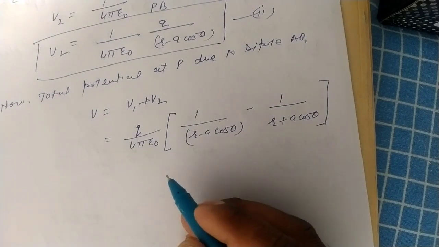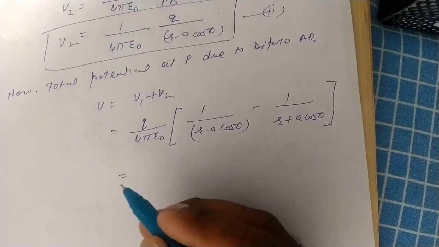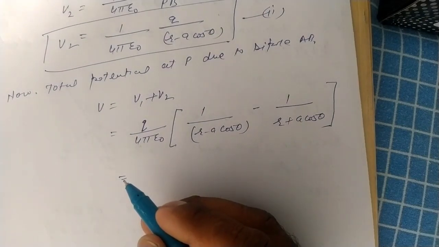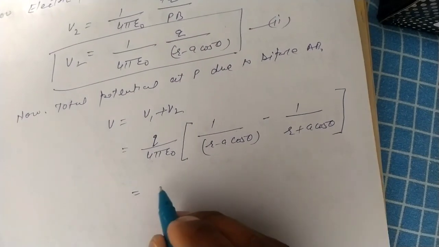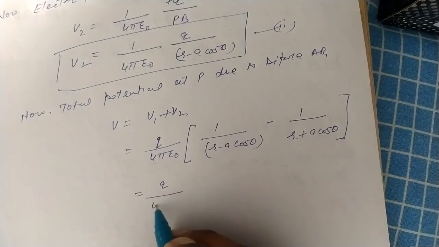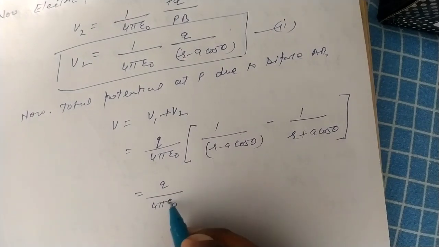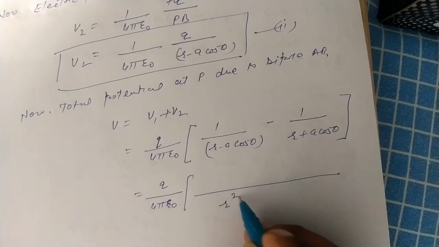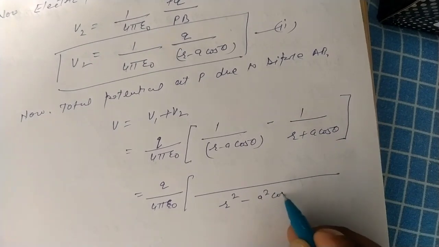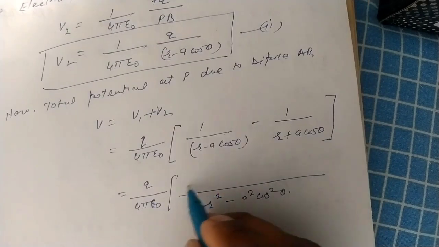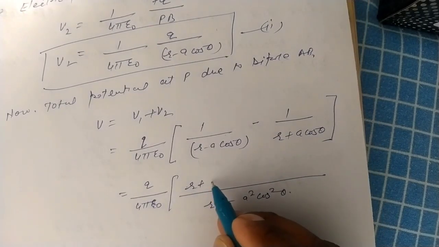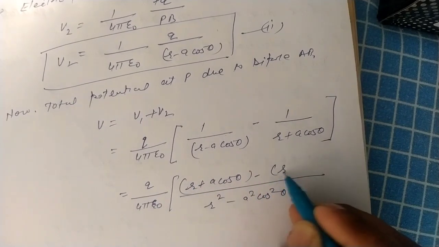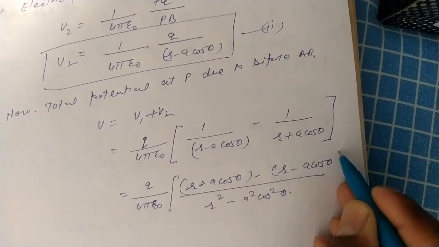We can solve it. We find Q upon 4 pi epsilon naught, LCM is R square minus A square cos square theta, and we can calculate R plus A cos theta minus R minus A cos theta.